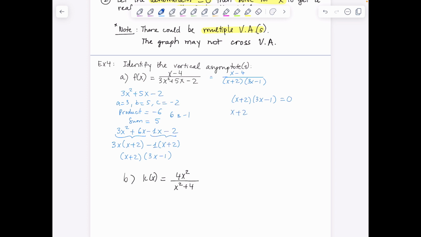So that means x plus 2 is equal to 0, or 3x minus 1 is equal to 0. Solve each of these linear equations. We get x equal -2, or x is equal to 1/3. So these two right here are the equations of the vertical lines that are the vertical asymptotes. And they are not just values, they are actually equations of vertical lines.